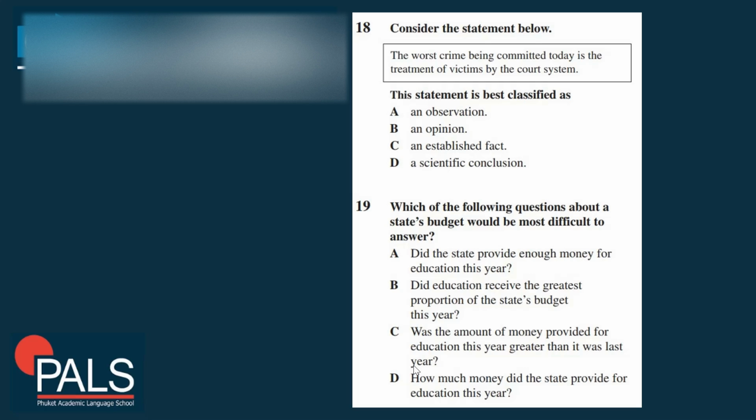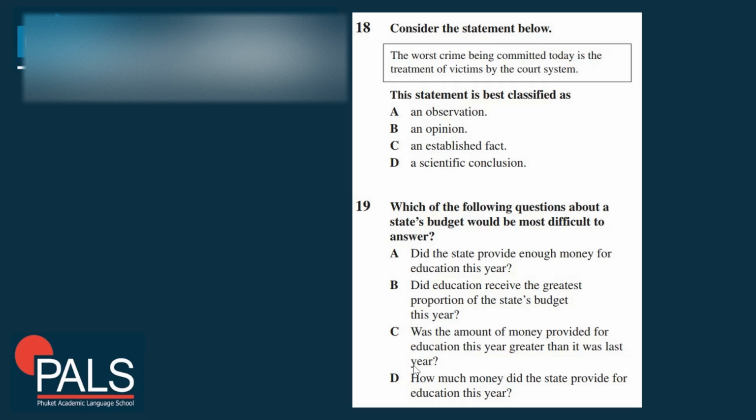This would be B, an opinion. Worst is a subjective term. It's not concrete. What I think is the worst and what you think of the worst may not be exactly equal. An observation would be giving us some sort of descriptive quality that we could measure.